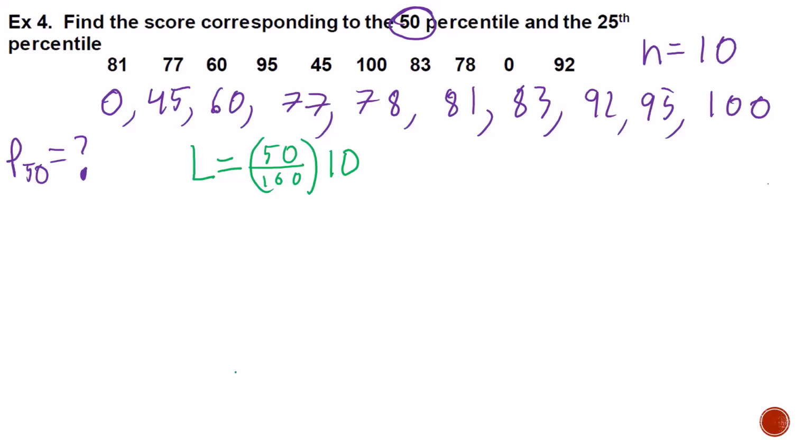The formula being 50 divided by 100, that's 0.5, or 1/2. Half of 10 is 5.